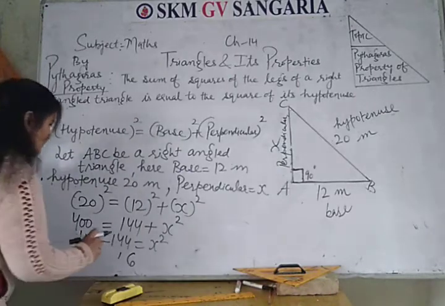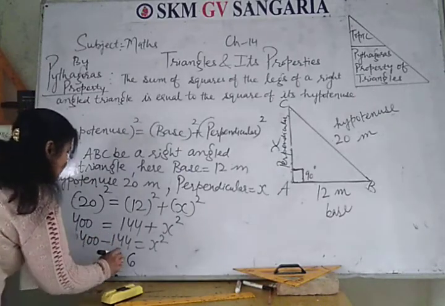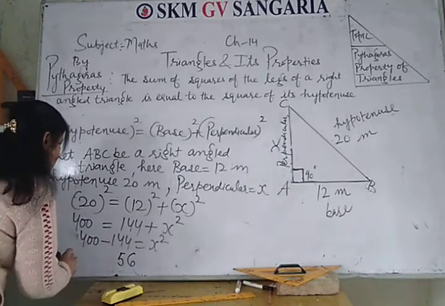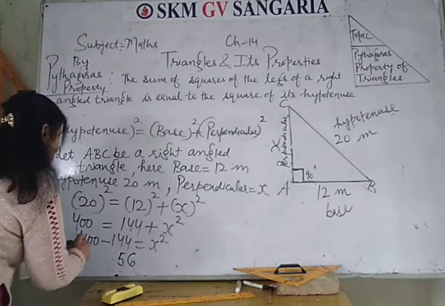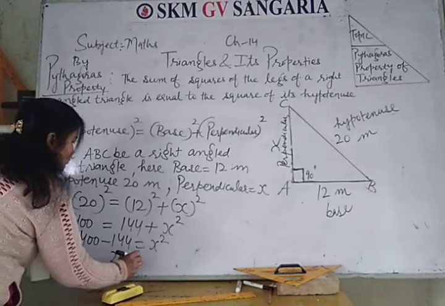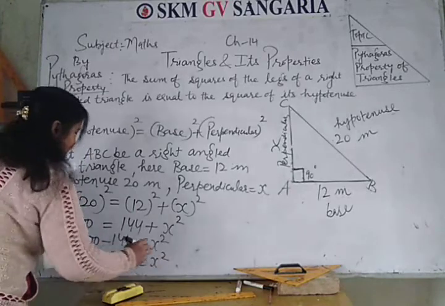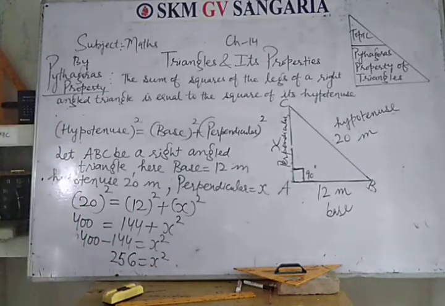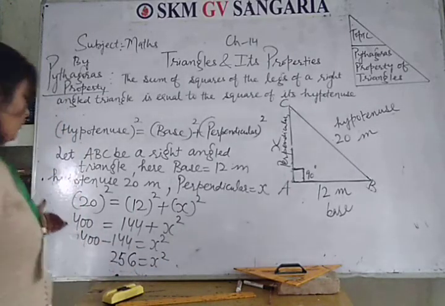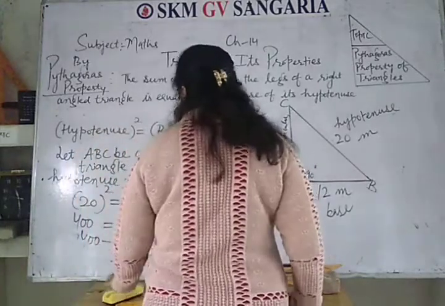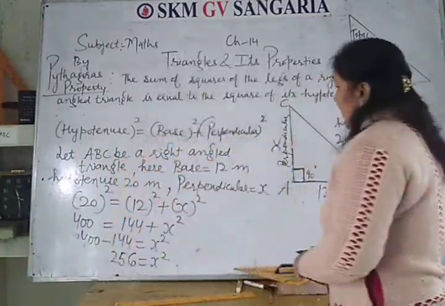How much? It is 256. x square is equal to 256. Now, x will be equal to the square root of 256.